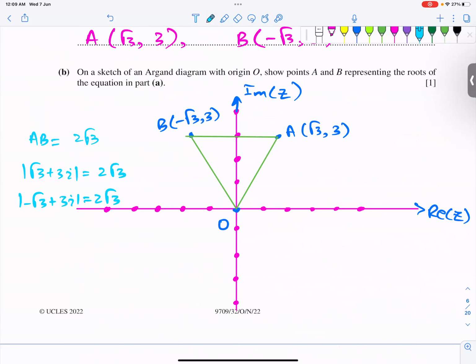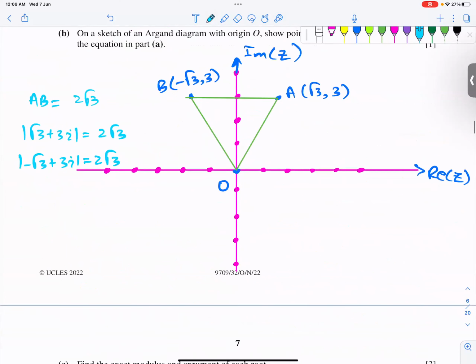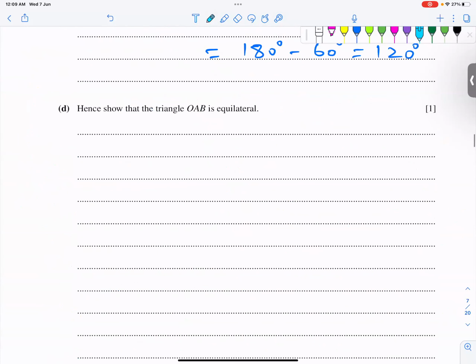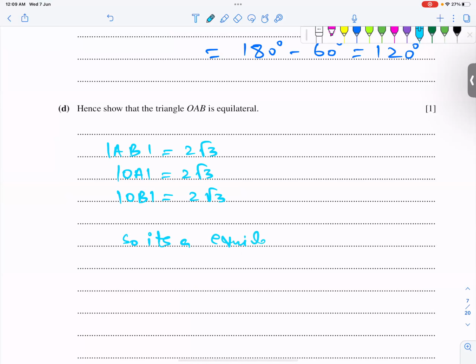So you can see that all the lengths are the same. So AB is 2 square root 3, OA is 2 square root 3, and OB is 2 square root 3. So it's an equilateral triangle.